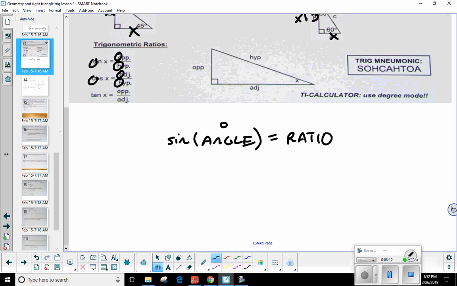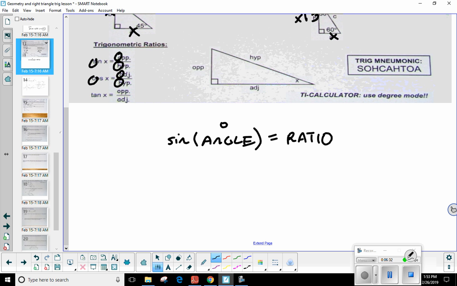The only thing you have to be really careful of is what angle you're referring to. Because here, if I was talking about this angle, and let's say it's X degrees, then the side directly across from it is the opposite. The one that's next to it is the adjacent. And of course, what's across from 90 has to be your hypotenuse.